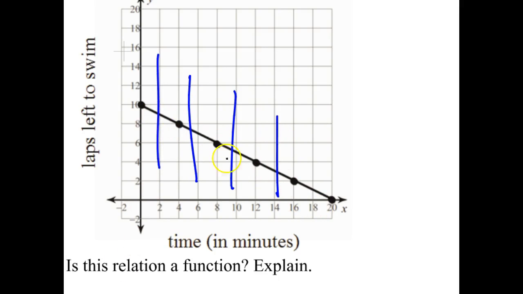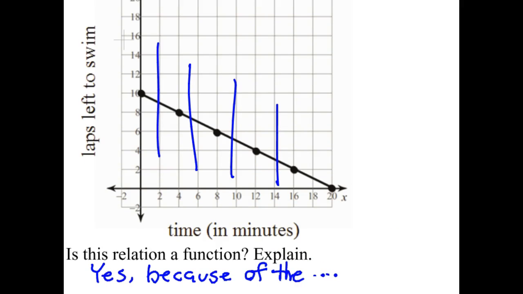So no matter where I drew a vertical line, it only touches at one point. So yes, it's a function. And you could say explain. Okay, because of the vertical line test. You can write that out: vertical line test.